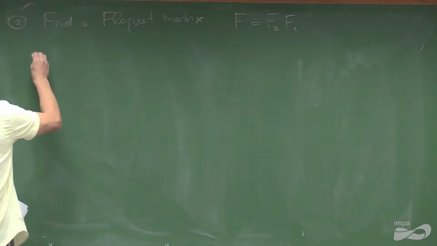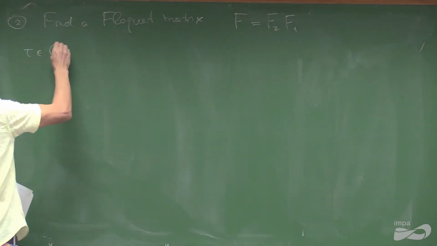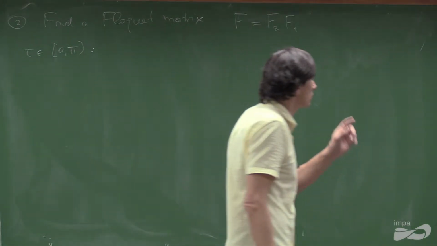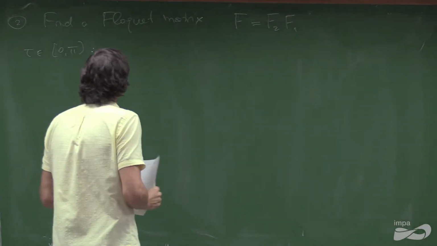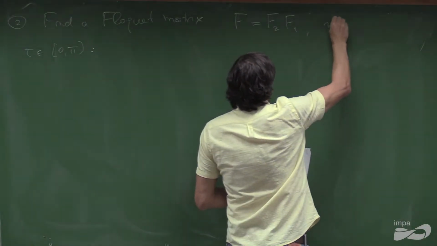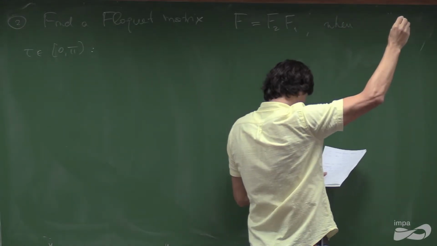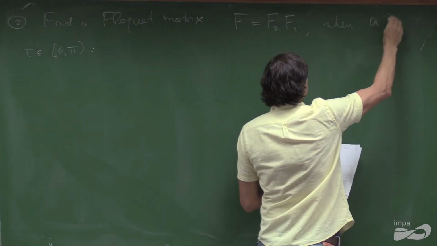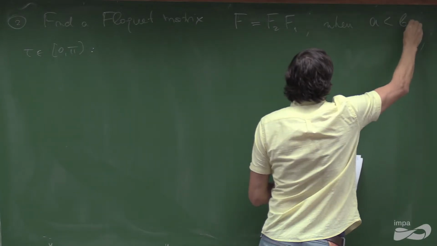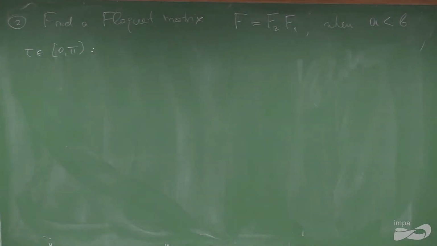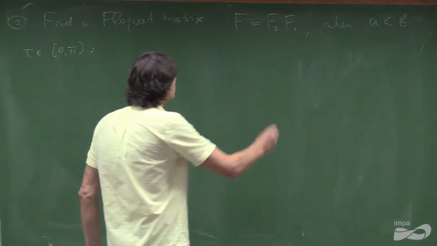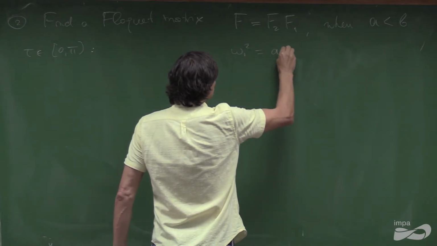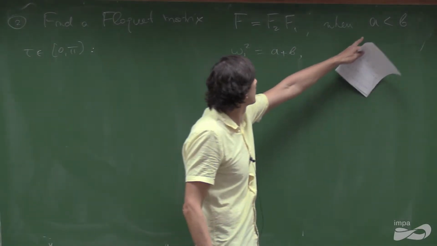The first system will be at the interval between 0 and pi, right? And you consider the special case when A is smaller than B. So when A is smaller than B, omega 1 squared is still positive. A plus B is still positive, but A minus B is negative.